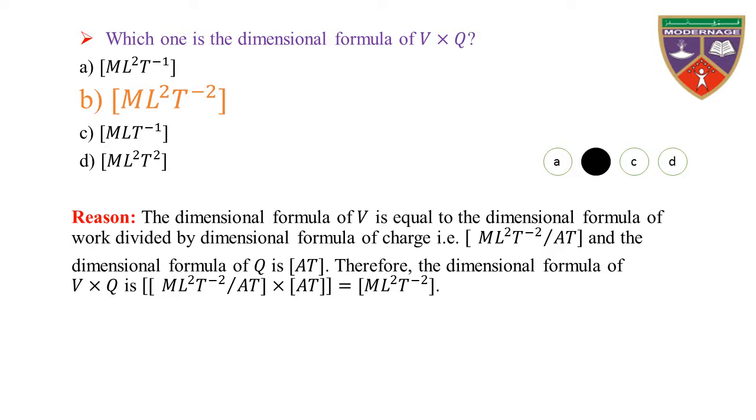Therefore, the dimensional formula of V into Q is square bracket M L square T power minus 2 divided by AT, into square bracket AT, equal to M L square T power minus 2. Hence, the dimensional formula of V into Q is square bracket M L square T power minus 2.